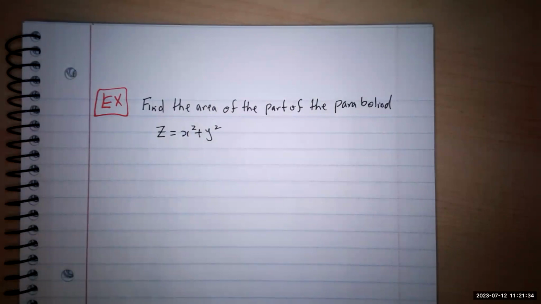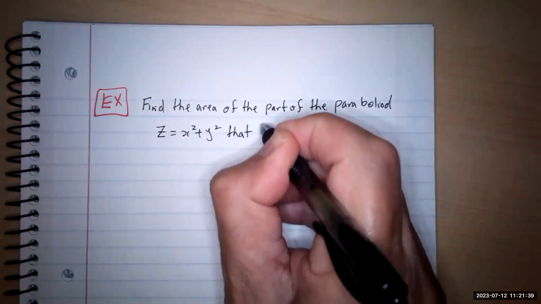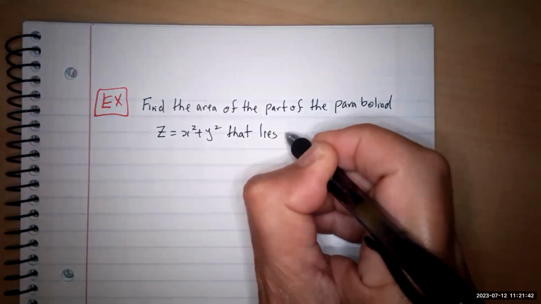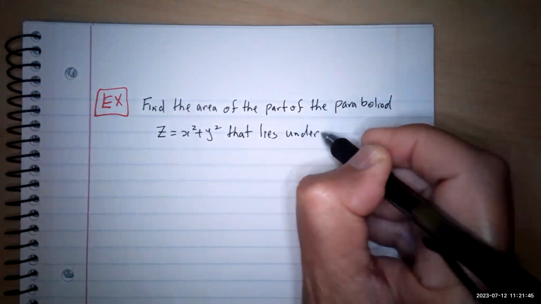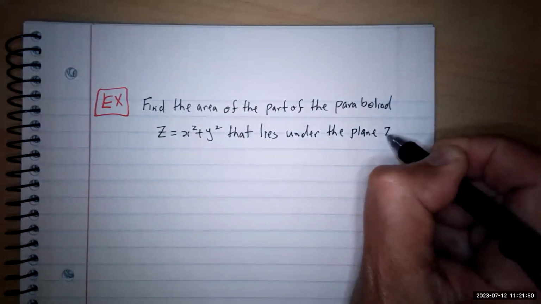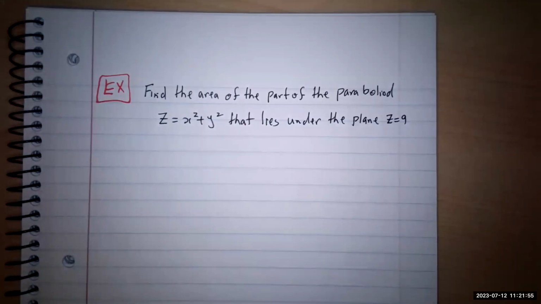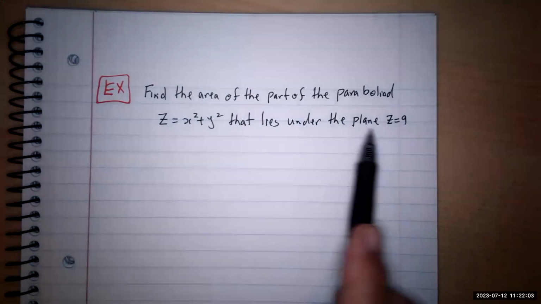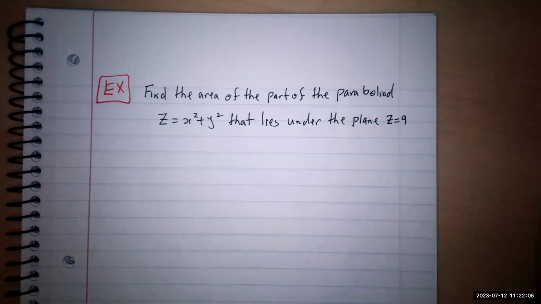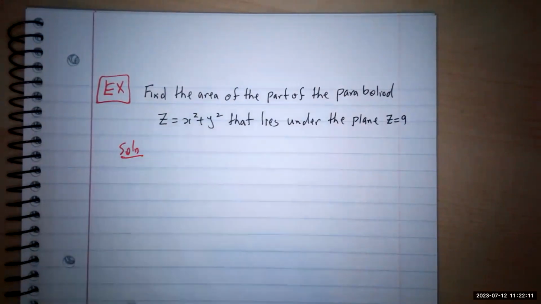So this is going to be the area of a part of the paraboloid that lies under the plane z equal to 9. So you have two different surfaces: this one, and the other one is z equal to 9. Roughly, you can use a calculator or just graph it in software that will show you.